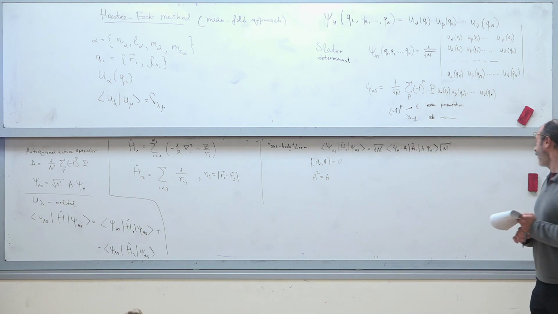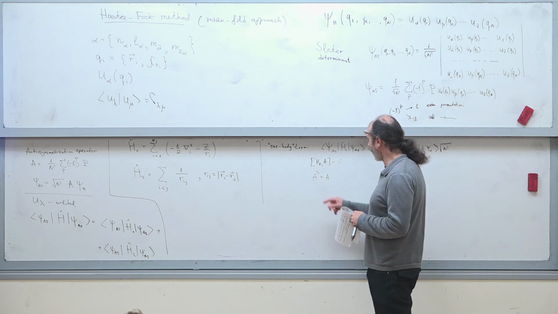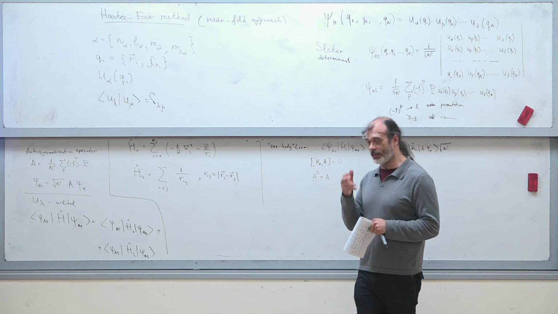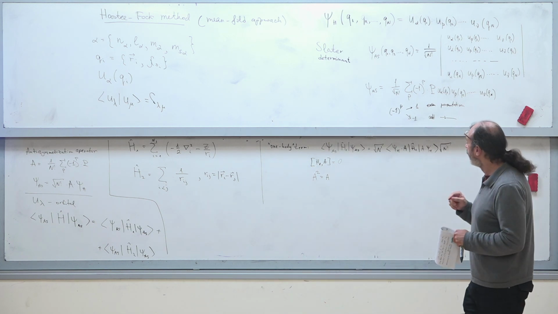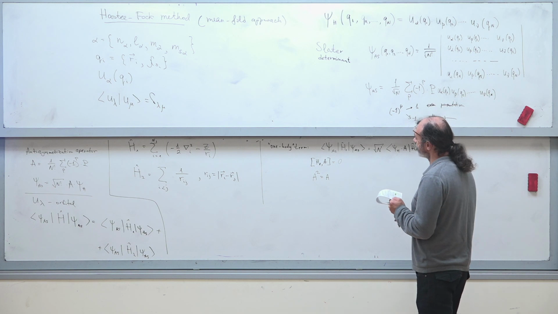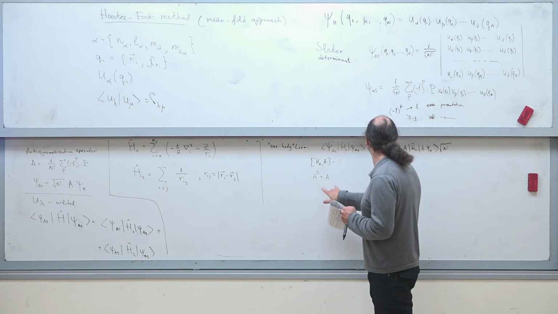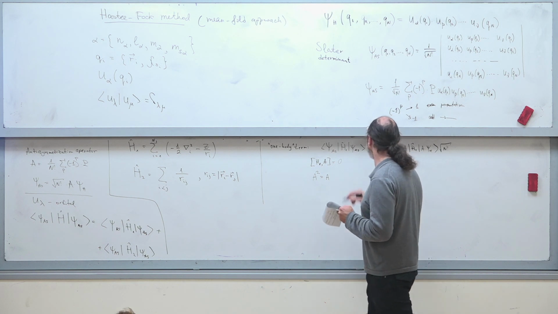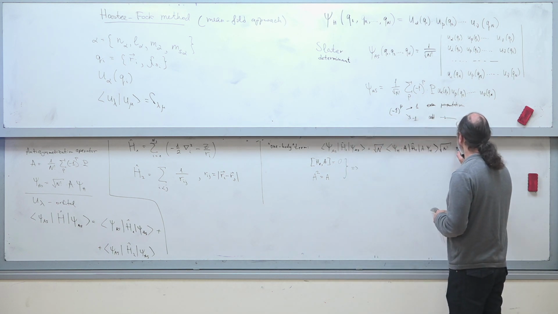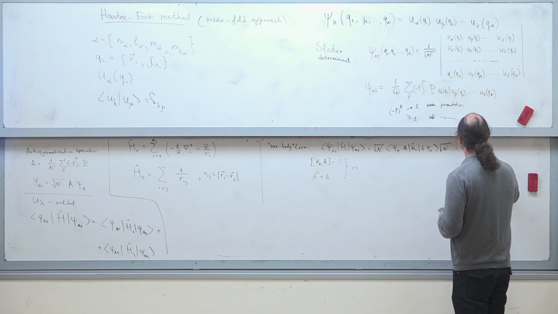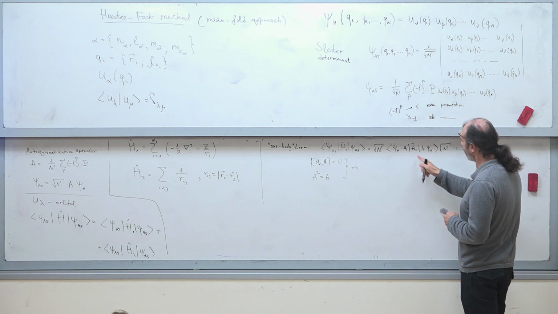It means I don't do much if I consider one permutation or two permutations. It gives essentially the same result, and I'm going to use these two facts in order to continue this calculation.